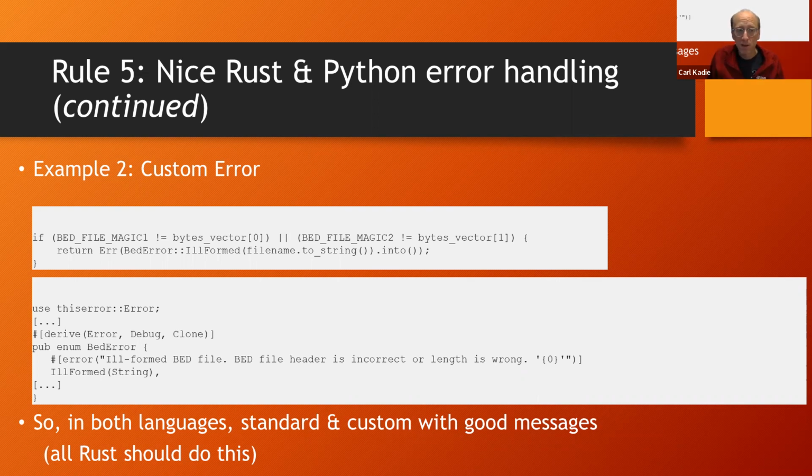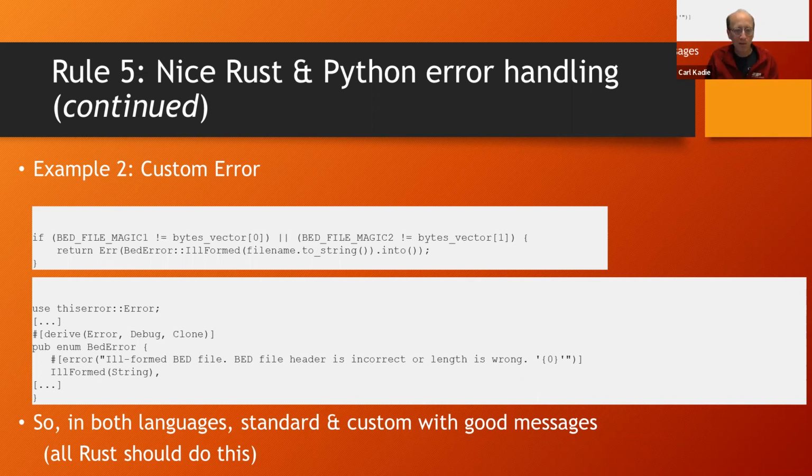That's all you have to do, except elsewhere, the second white box, we say we have another enum called BedError, and it has an error whose message will be "ill-formed BED file, header is incorrect or length is wrong," and then it'll have something plugged in where that curly 0 curly is, and that'll be the file name parameter that we saw up above, and this will be called a BedError IllFormed error.